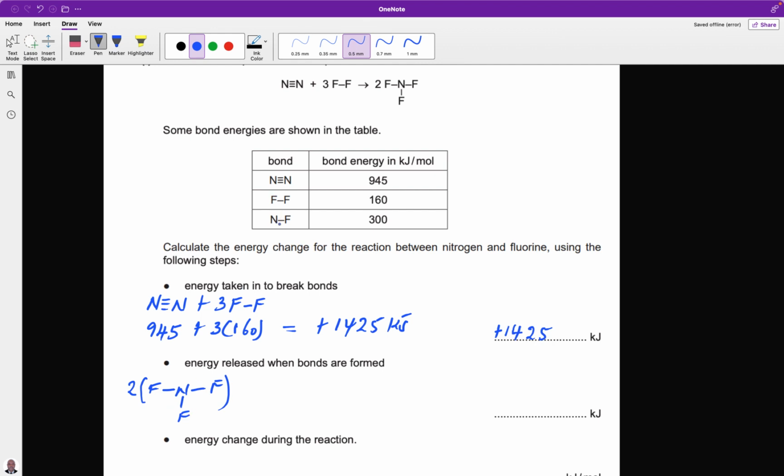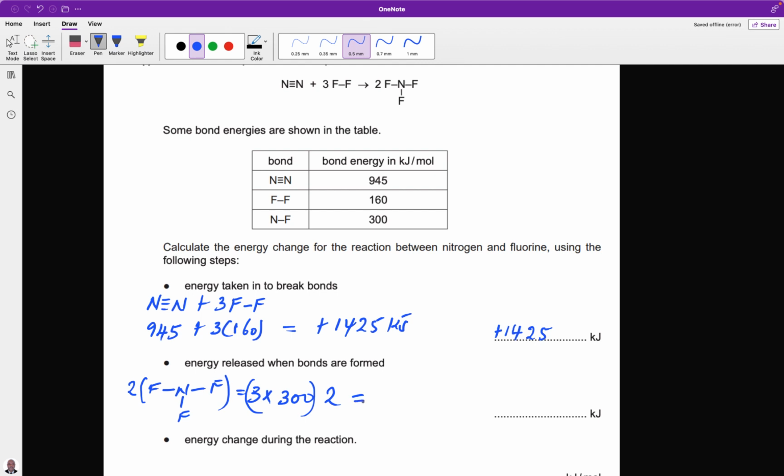And the nitrogen fluorine bond energy is 300. So 3 times 300. Now, there are 2 moles there, times 2.